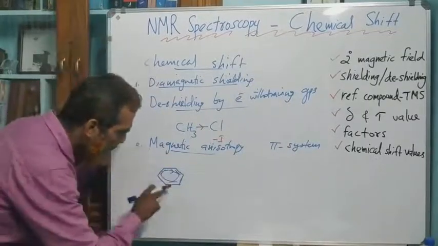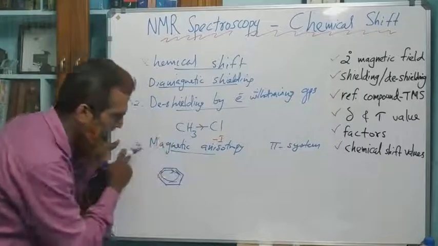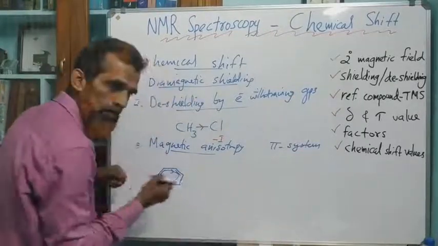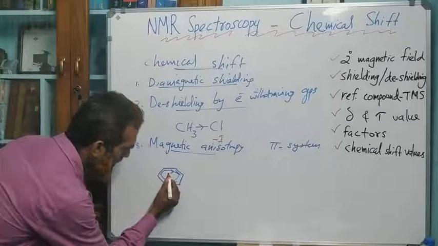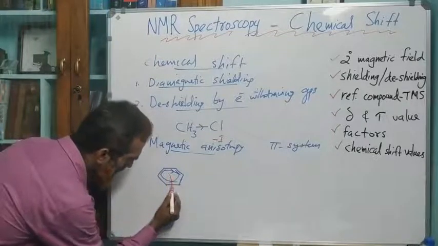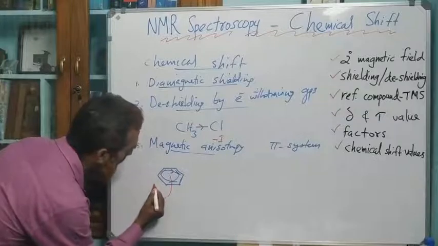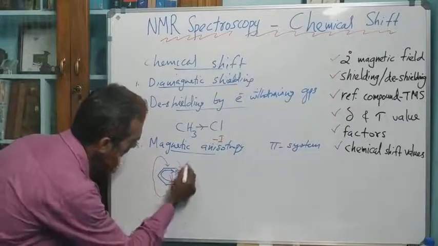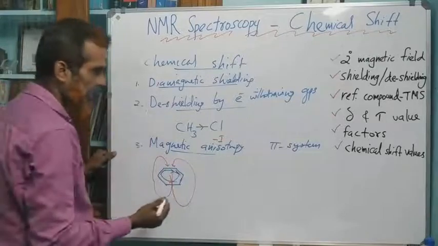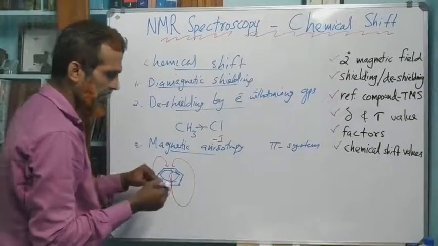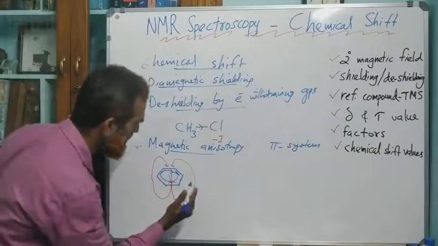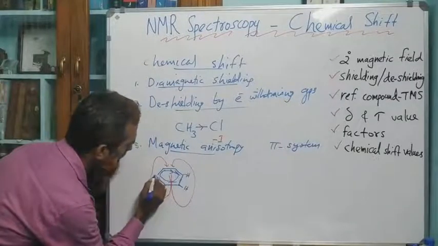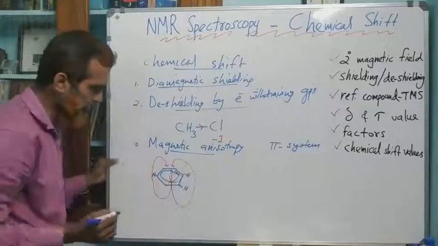This circulating pi electron will definitely produce a very good secondary magnetic field, with this kind of direction for the magnetic flux lines as usual. And interestingly, the hydrogen atoms on the benzene ring, you have 6 hydrogen atoms.